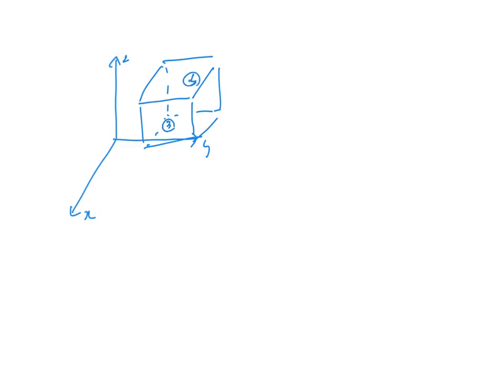So for surface 3, this is in the x direction, and that is in the minus x direction. Assuming that the center is x, y, z, the coordinate here is x plus delta x over 2, y, z, and the coordinate here will be x minus delta x over 2, y, z.